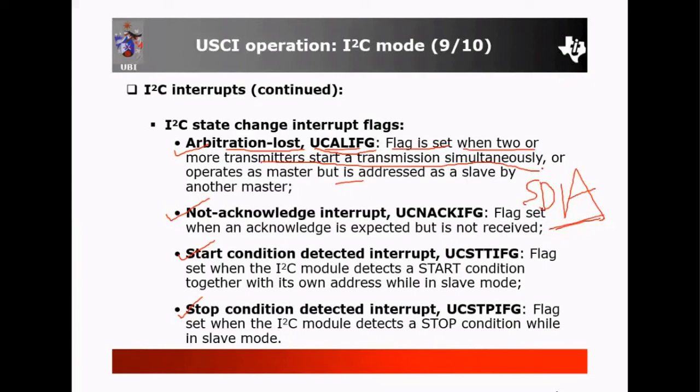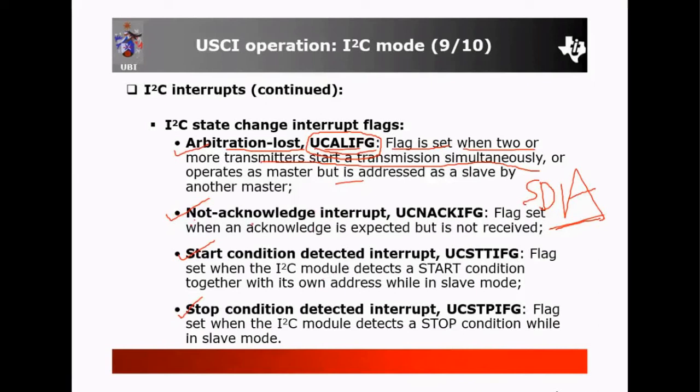So in this way, one flag, UCALIFG, is generated so that the processor knows that we have to transfer the data from two transmitters. In this case, first it will allow one transmitter, then it will allow the second transmitter.